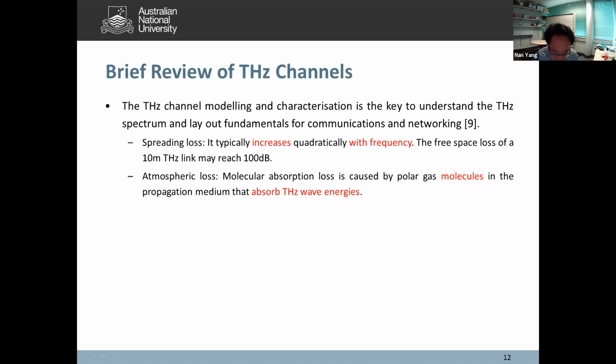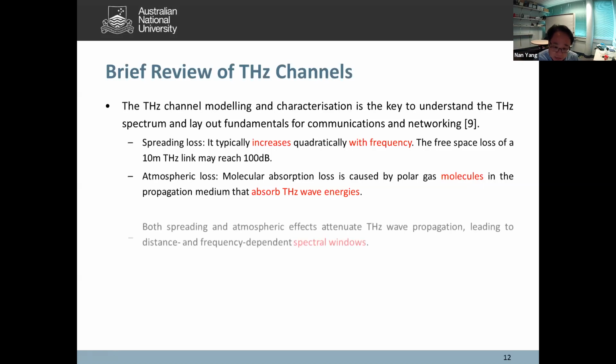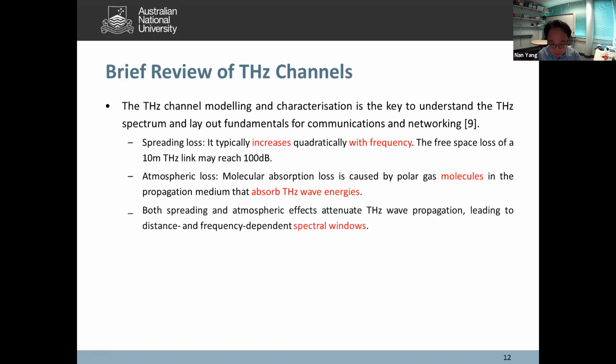This is a quite interesting but unique and important property that we have to consider in the large scale propagation of terahertz communication, because both the spreading and atmospheric loss affect terahertz wave propagation, and they lead to distance and frequency dependent spectrum windows.